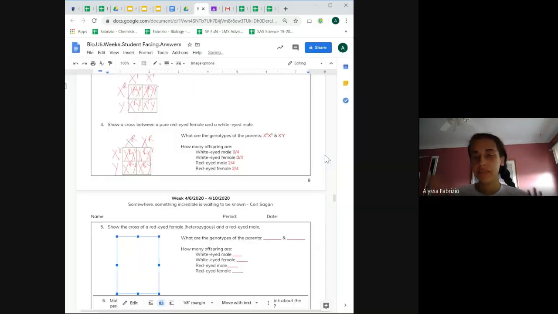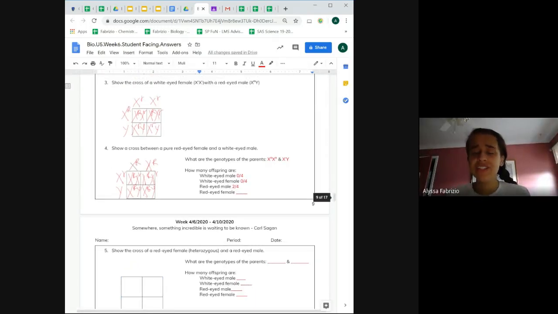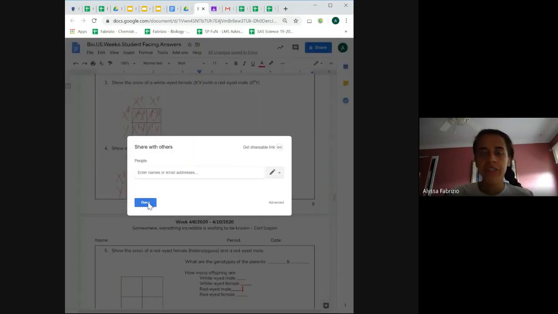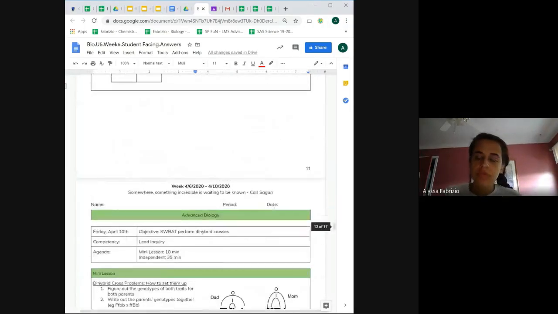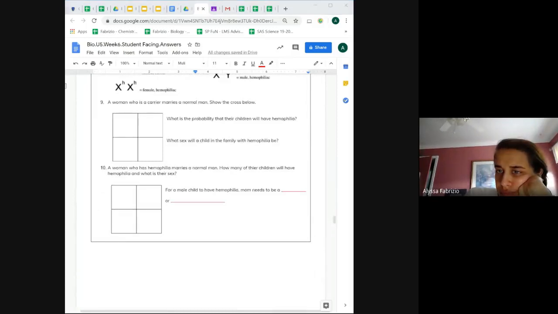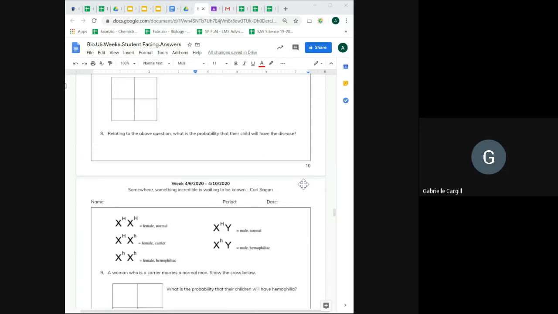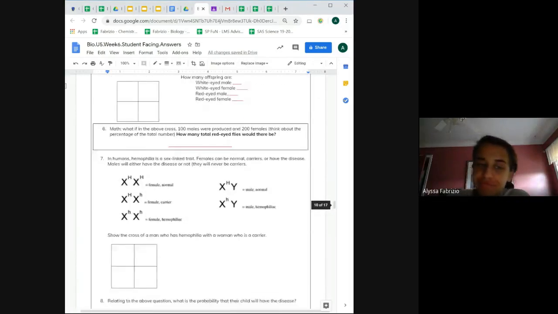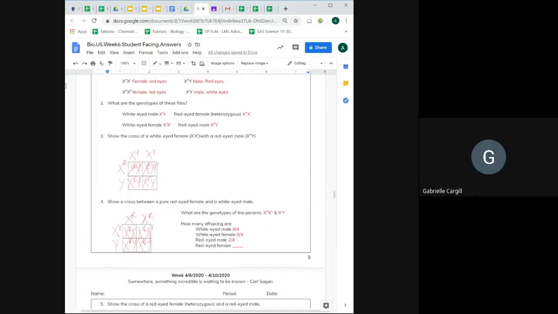Or if you print it out, you can draw on it. That's also fine. Yeah, I don't have a printer, so I might as well do it on the computer. That's fine. Then just hit the share button and share it with me. Or you can take pictures of it, whatever works. I'm flexible. How do you feel about this, Gabby? I think she left. You feel okay about this? Yeah, I'm okay about it.